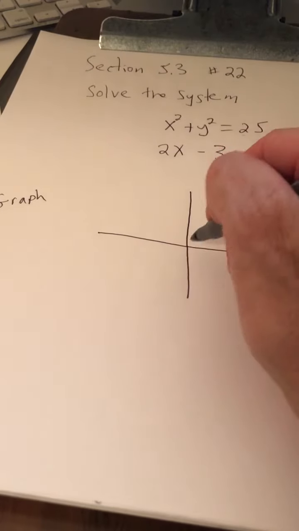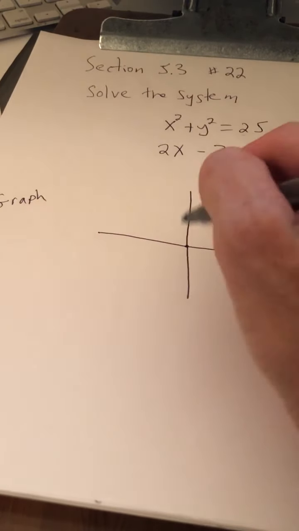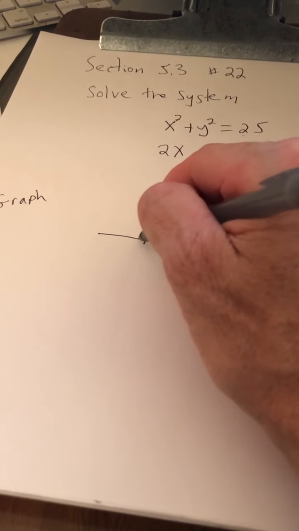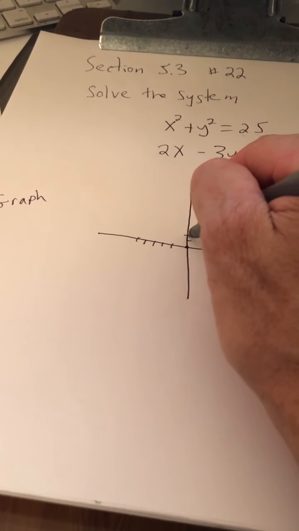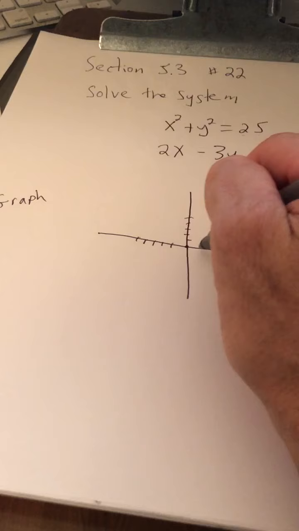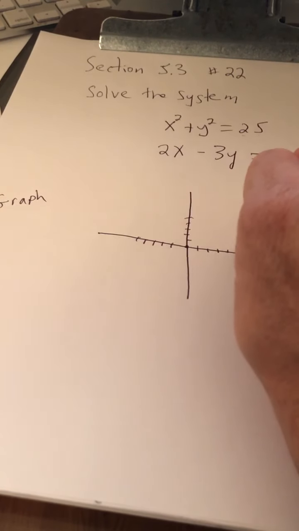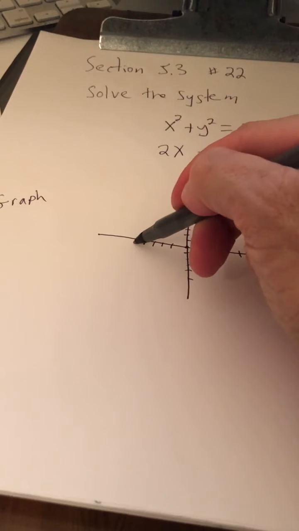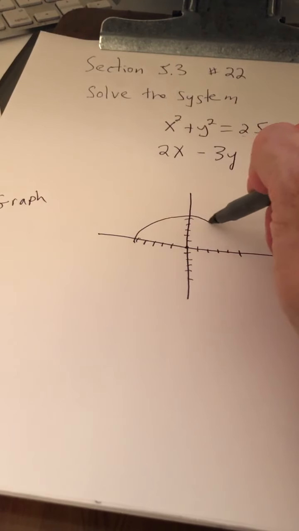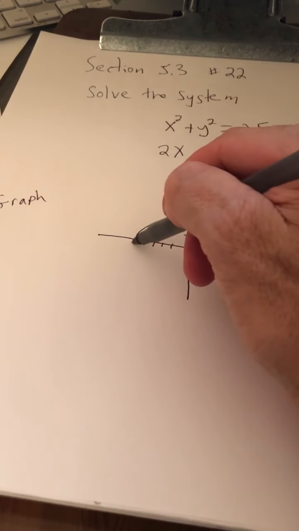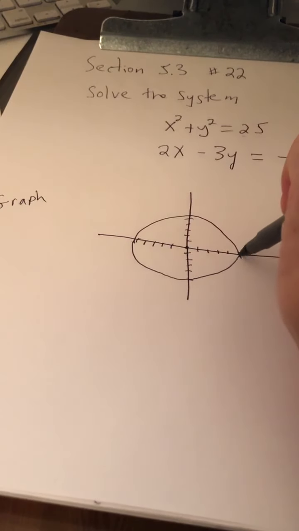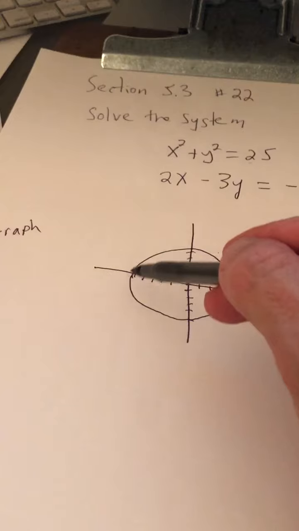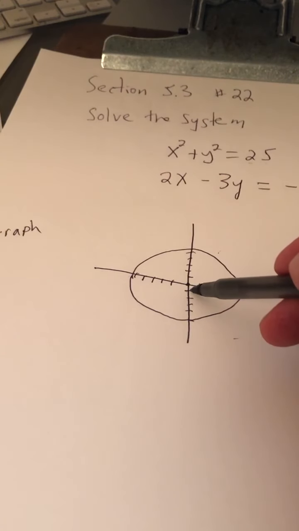That's a circle, the center at the origin, with a radius of 5. Our graph doesn't have to be perfect because we're not solving this problem graphically, but I want to get an idea of what to expect. So I'm calling that a circle, a radius 5, centered at the origin.